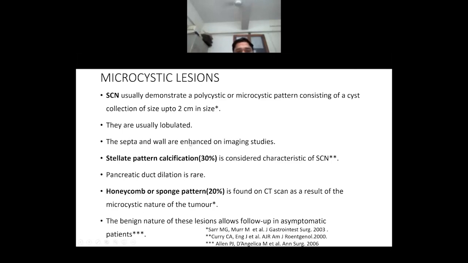A classical characteristic feature is a stellate pattern of calcification, which is seen in 30% of cases in serous cystic neoplasm. Pancreatic duct dilatation is rarely seen, and a honeycomb or sponge pattern is found on CT imaging as a result of the microcystic nature of this tumor, which is seen in 20% of cases. The benign nature of this lesion allows follow-up in asymptomatic patients.